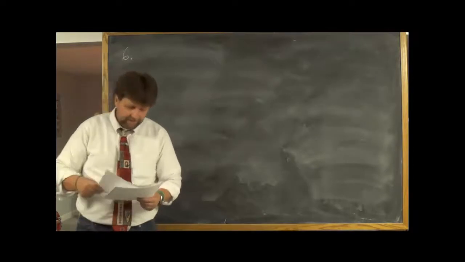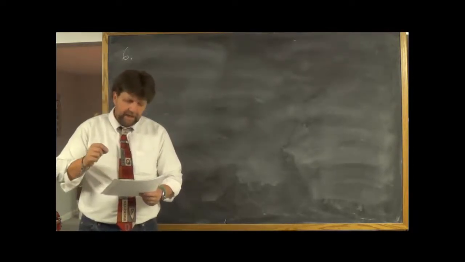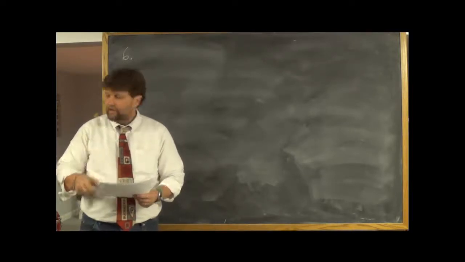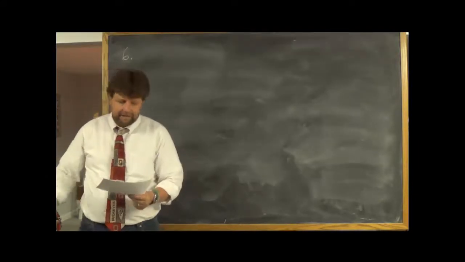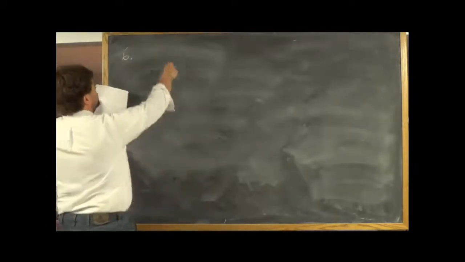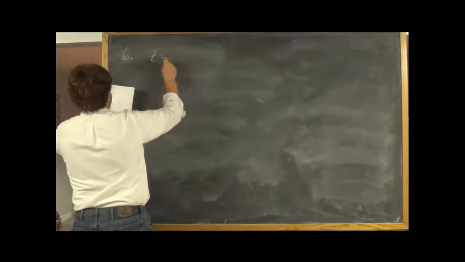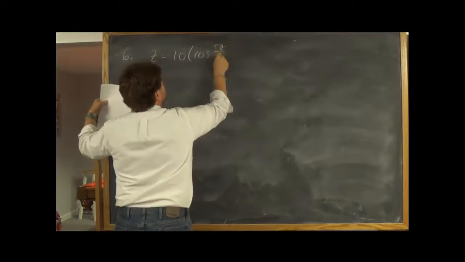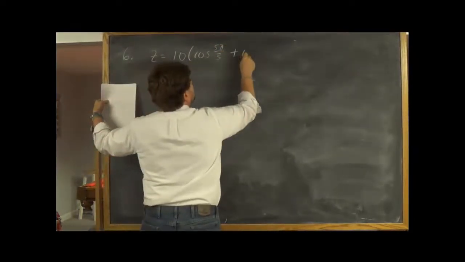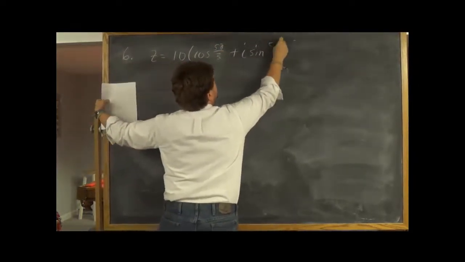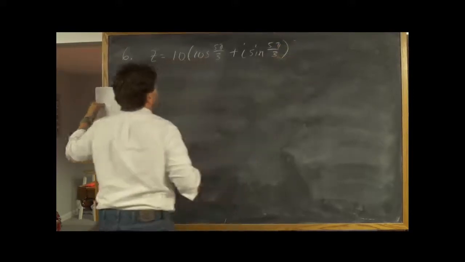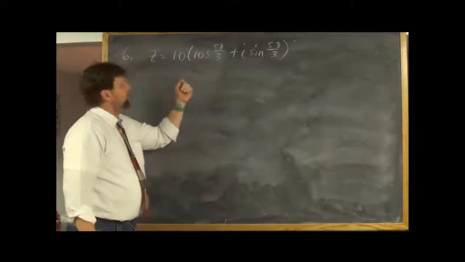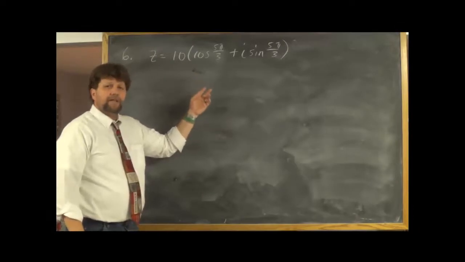In number 6, you're asked to take a complex number and write it in rectangular form. There were 2 forms of complex numbers here. The form that you were given, z equals 10 times cosine 5 pi over 3 plus i sine 5 pi over 3, is called the polar form of a complex number.